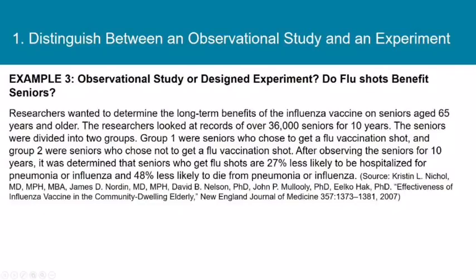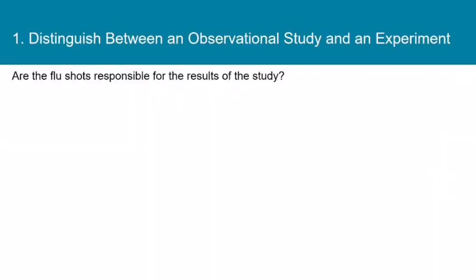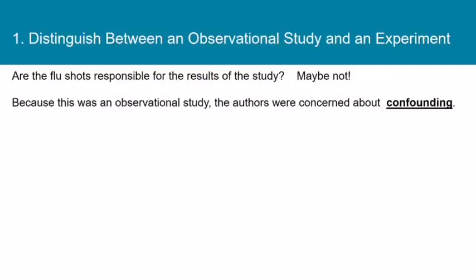So it sounds at first like, oh my gosh, we should make this a law that all seniors have to have flu shots because, gosh, they're so effective. But the thing is, we need to hold on because this is an observational study. So it may not be that the flu shot is responsible for all the results that we saw.